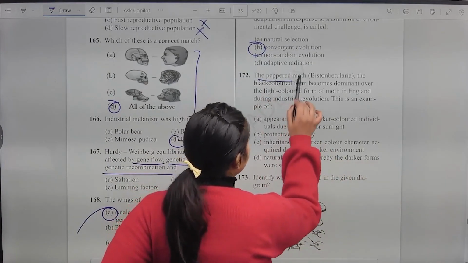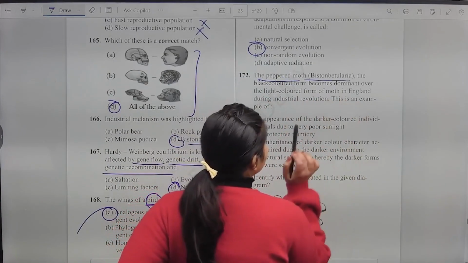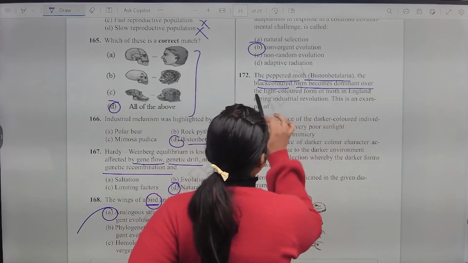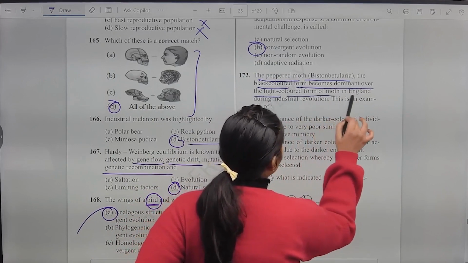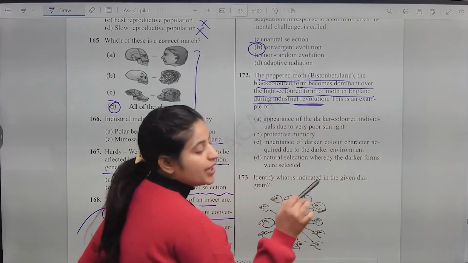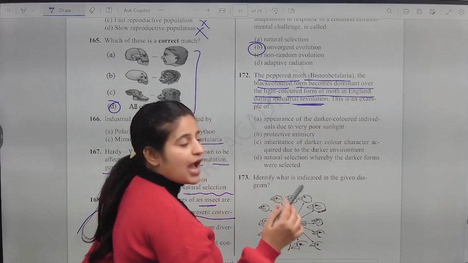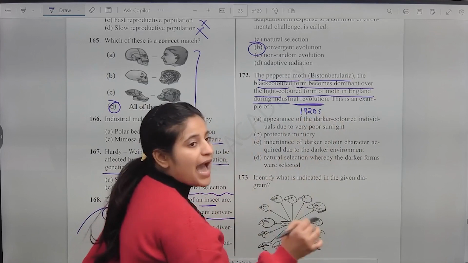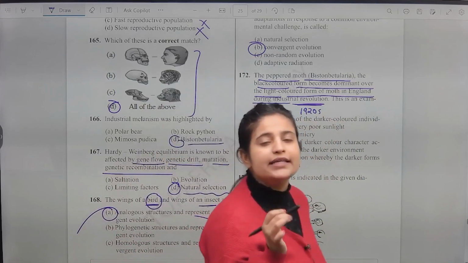Next is the peppered moth, which is Biston betularia. The black colored moth forms became dominant over the light colored forms in England during the Industrial Revolution. After industrialization, the black moths were selected by nature.